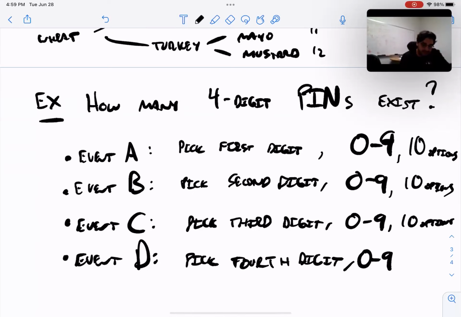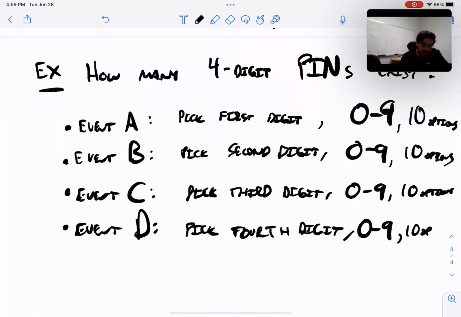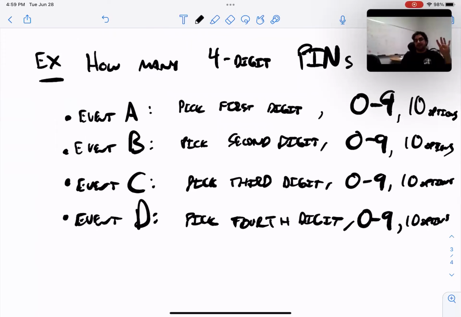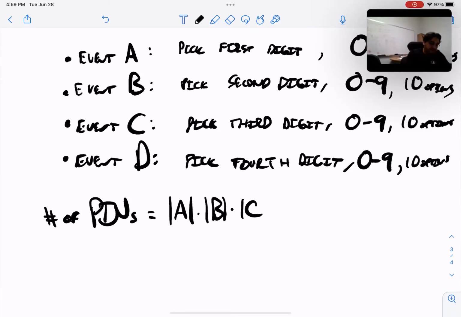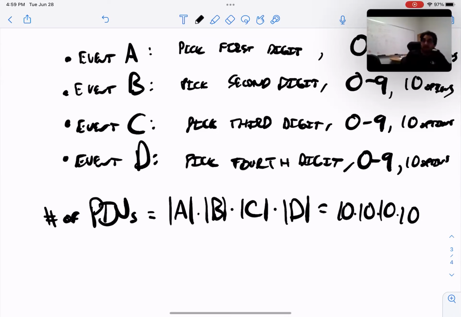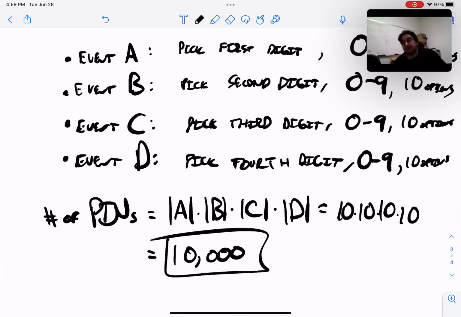Well, the total number of pins, if I have to go through all 4 of these events and select the 4 digits in my pin, would be the product of the size of all of these sets. It would be 10 times 10 times 10 times 10. It's just the product of all the number of options, which would be 10,000. So that would be the number of 4-digit pins.